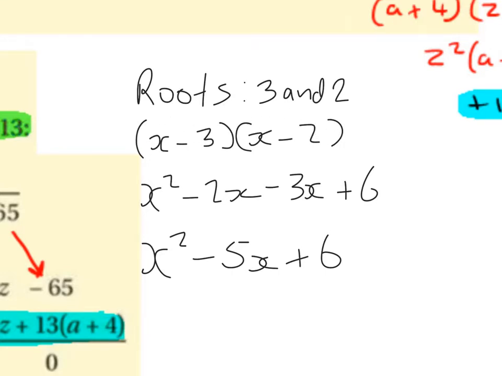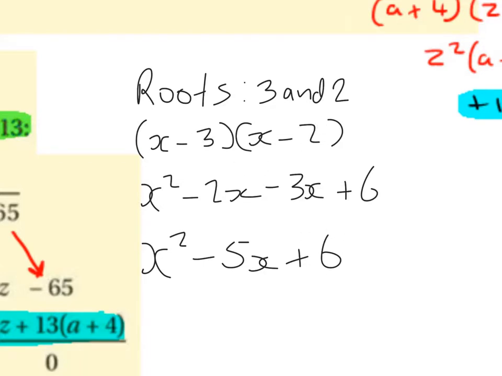If we multiplied out these brackets, we would end up with x squared minus 5x plus 6. So we can see that the coefficient of x is minus 5, which is minus the sum of the roots, so minus 3 minus 2 is minus 5. And the constant at the end is the product of the roots, so minus 3 times minus 2 is positive 6.